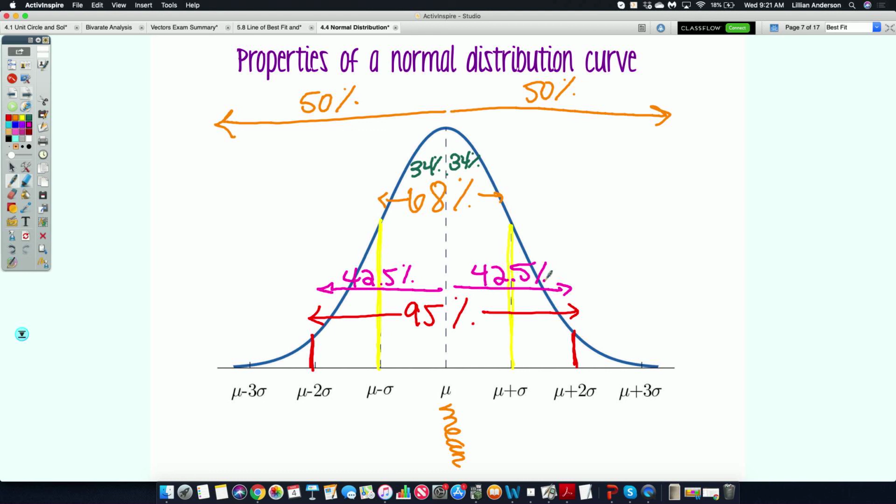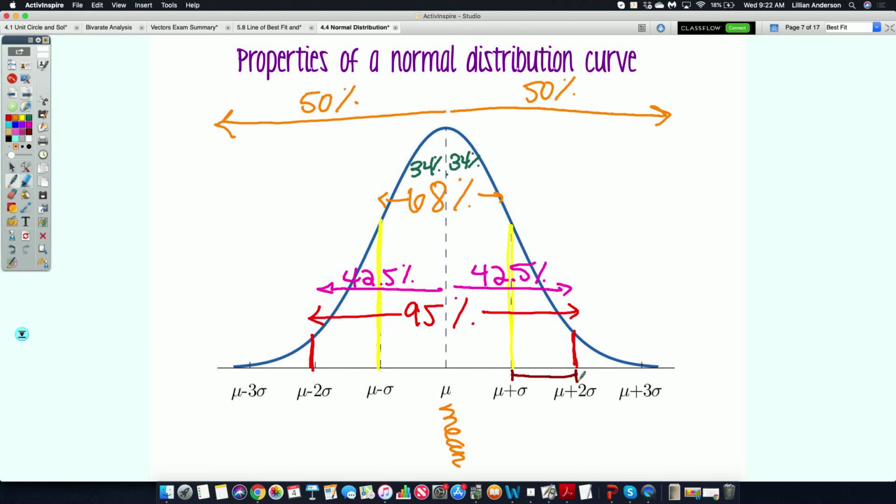And considering that this first standard deviation is 34%, how much really is between your first standard deviation and your second standard deviation? How much lies in between here and here? Not in this darker red.